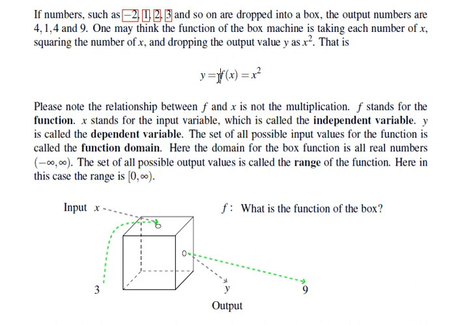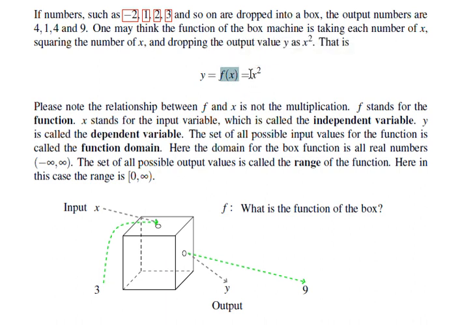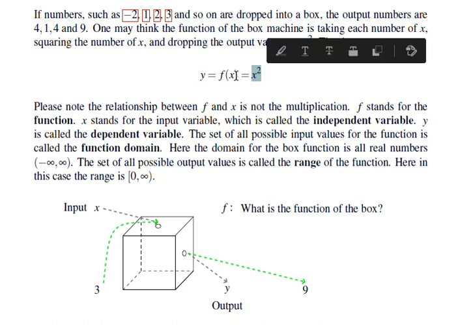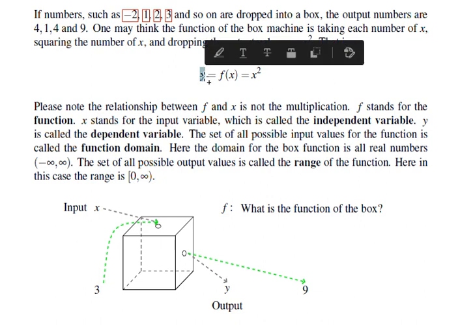Function mathematically is expressed in this way, and you can choose different algebraic expressions. Output variable, normally we use y. Of course, here you can use z, here you can use a.